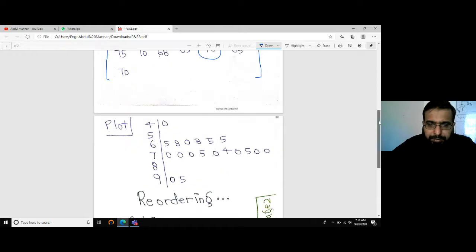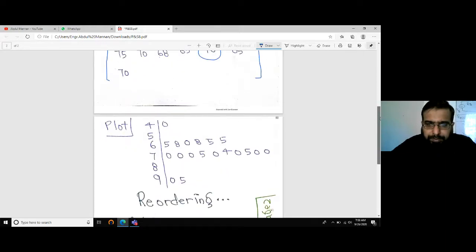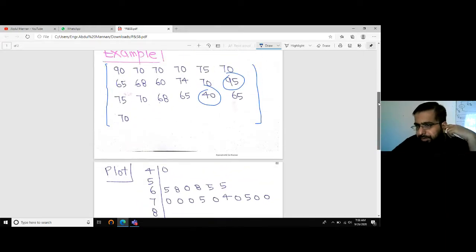We have selected the tens digit as the stem, and the unit digit would be the leaves. For 40, the tens digit is 4 and the 0 is the unit digit.